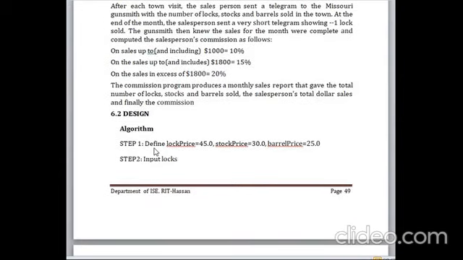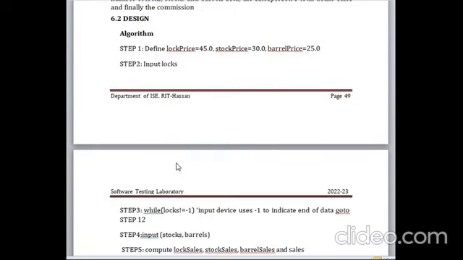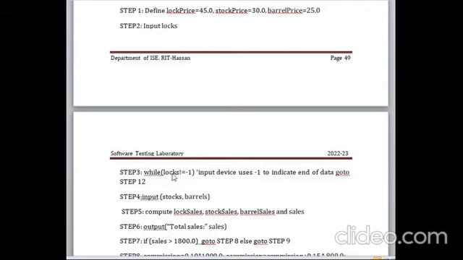In the beginning we define the lock price, stock price and the barrel price. The lock price is 45 each, stock price is 30, barrel price is 25. So we give the input here. If the input is -1, it means there are no locks, which is not possible here, because the limit is 1 to 70 for the locks, 1 to 80 for the stocks, 1 to 90 for the barrels.